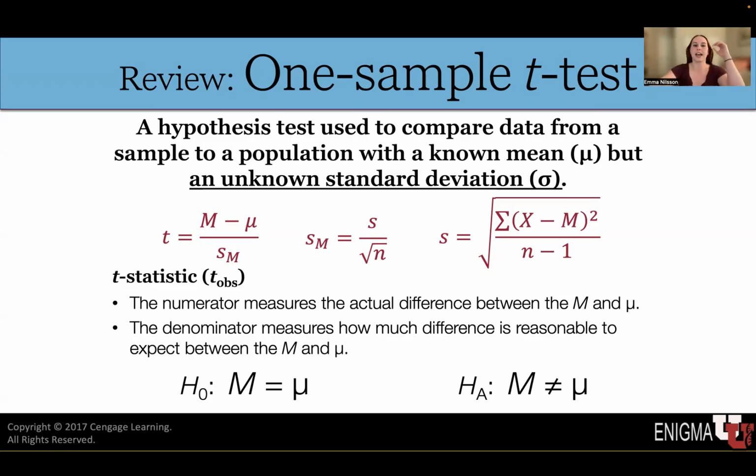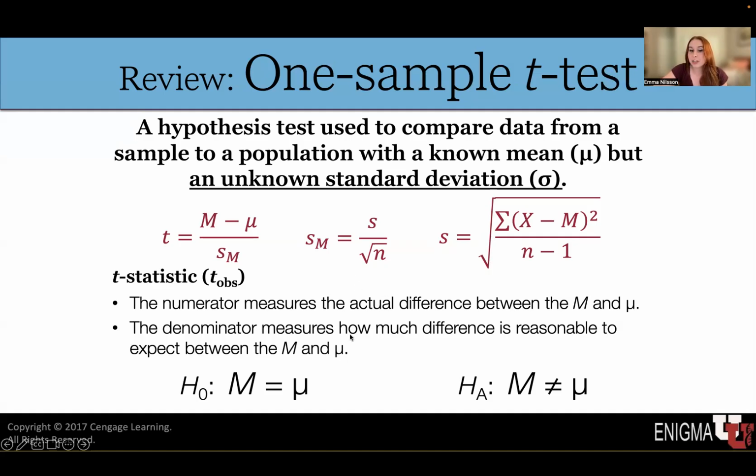So we use the t-test, which instead of the population standard deviation, uses the standard error to calculate our statistic. If you remember, the t-statistic's job is essentially to form a ratio between the actual difference between our sample and population means and how much difference is reasonable to expect between our sample and population means.